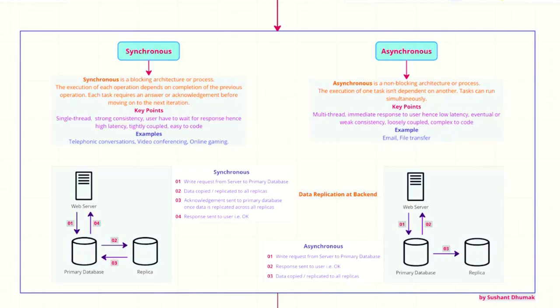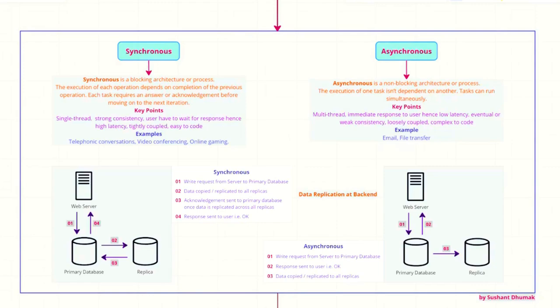So every synchronous or asynchronous kind of architecture will have its advantages and disadvantages as well. Synchronous will give you the latest information. There will be strong consistency, but definitely there will be a response delay. There will be high latency, or maybe sometimes it will hamper your availability also. But in asynchronous, you will have low latency, but you will not have strong consistency.